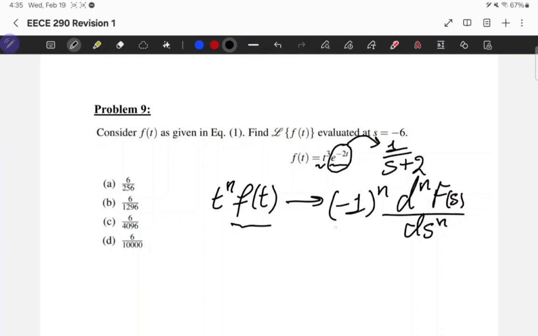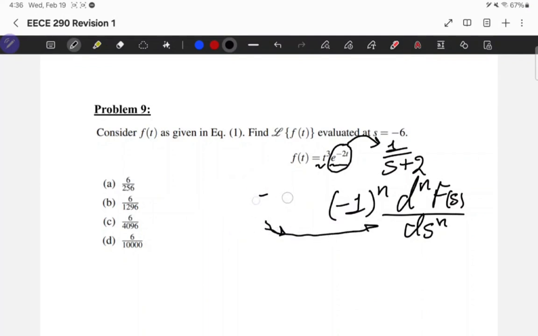So if n is even, I ignore this. If n is odd, I add a minus sign, and I do the Laplace transform of this f of t, and I do the derivative n times. So I need the nth derivative of this.